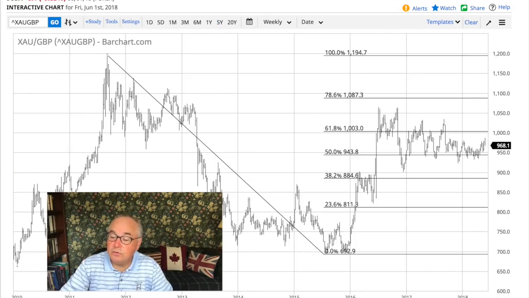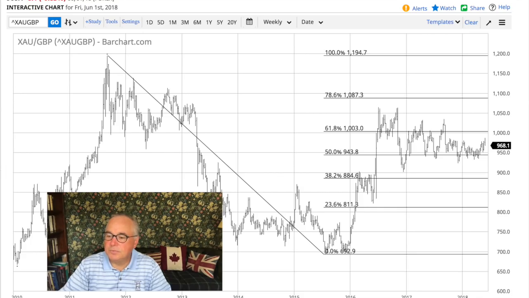So the pound against gold, again this week it closed on the weak side yesterday, disappointing. But as you can see, it's starting to pick up and has done the retracement again. That was the high in 2011, just below 1200, was 1194. And then the low here was July 2015 at around 693.